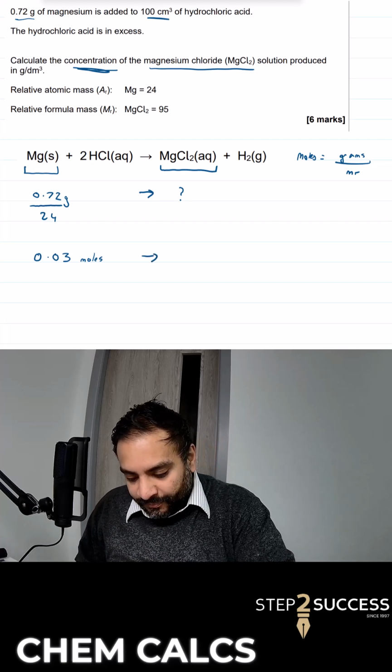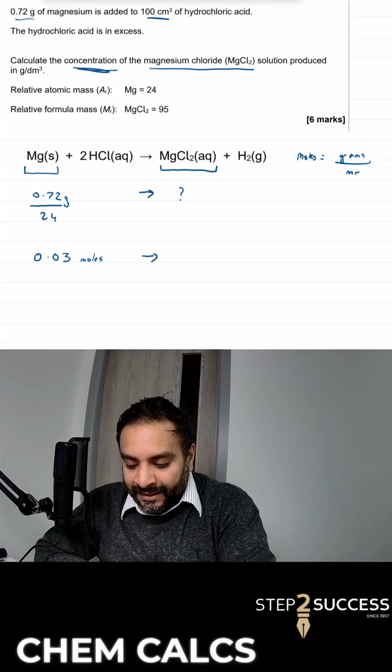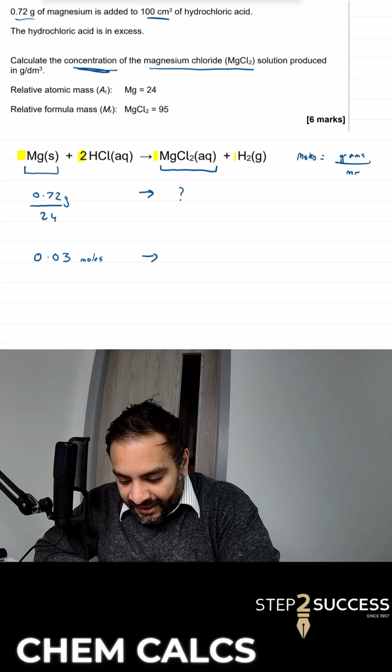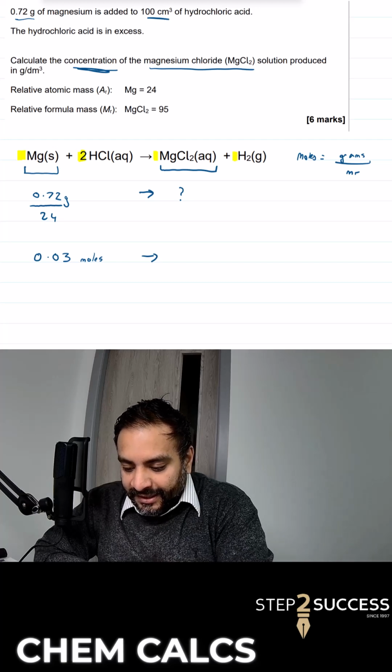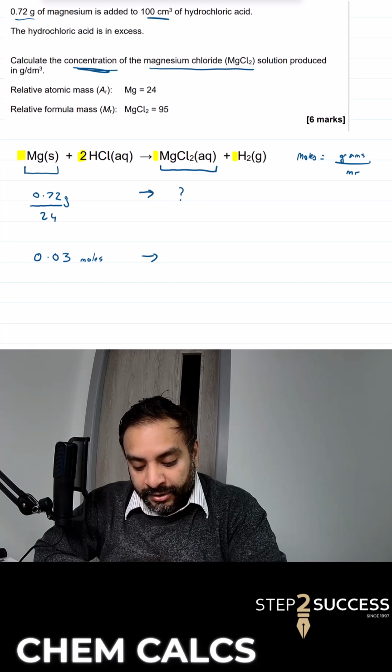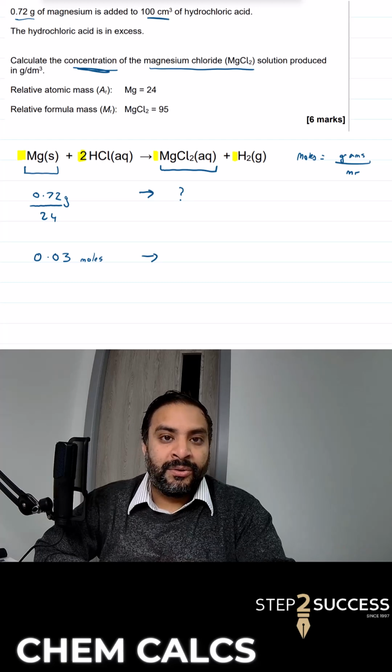Why is that helpful? Well, that's particularly helpful when you've got a balanced equation, because the numbers in front of the substances in a balanced equation are a ratio. They tell you how many moles are produced depending on how many moles that you start with in the equation.